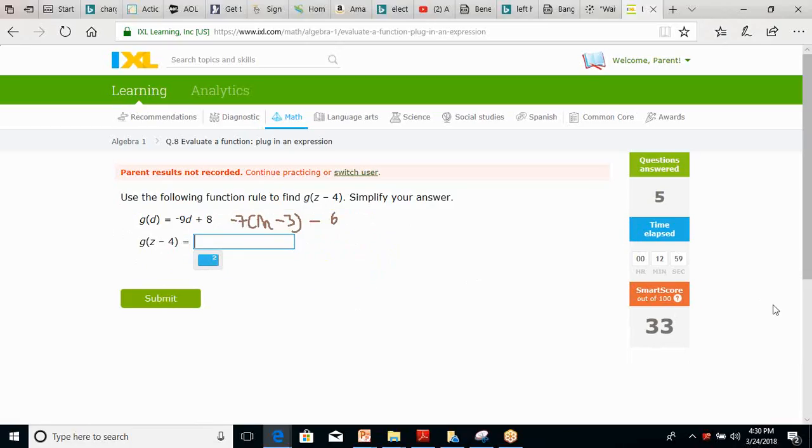All right. Use the following function rule to find g of z minus 4. Simplify your answer. This is the function rule: g(d) is equal to minus 9d plus 8. But your d is z minus 4. Okay?